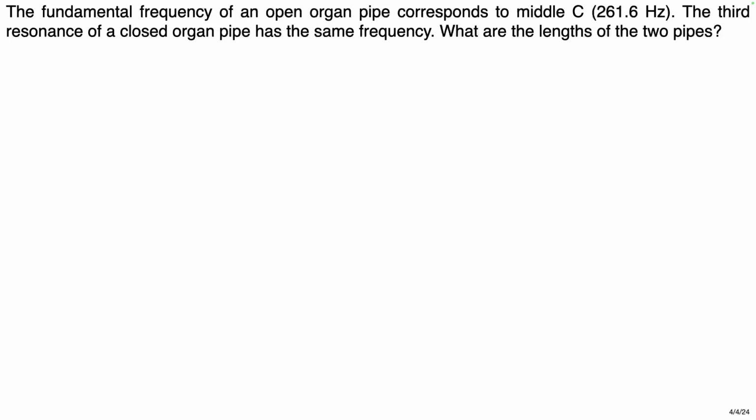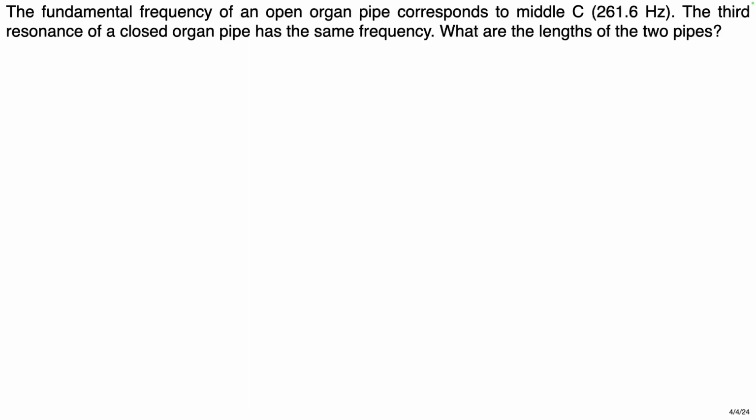Okay. First thing to do, right, is to contextualize and figure out what kind of problem. Now, obviously, I've taught you about standing waves in pipes, so we know that's what this problem is going to be about. What kind of pipe do we have here? It says it's open, right?